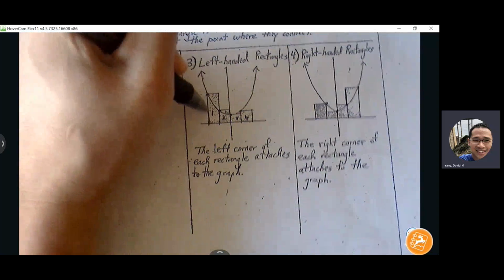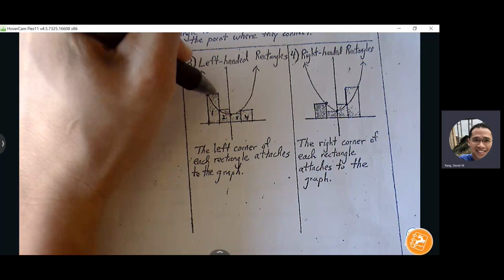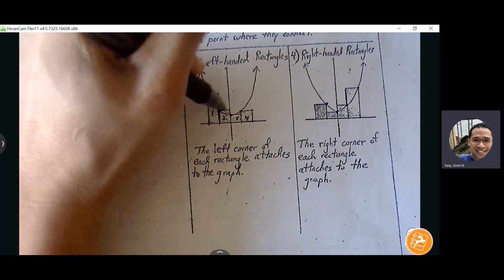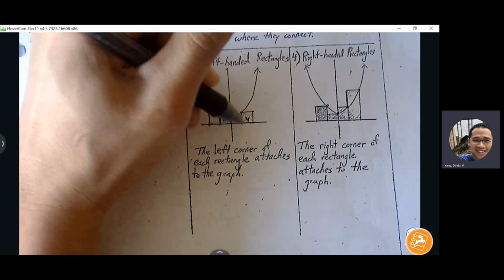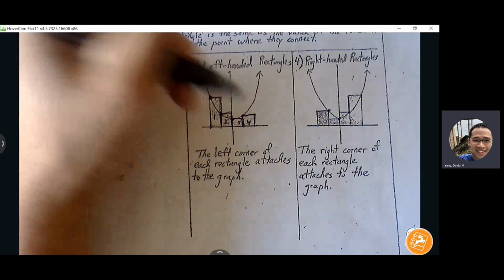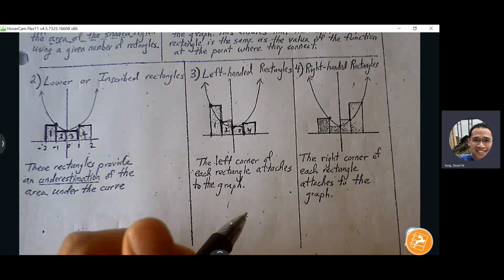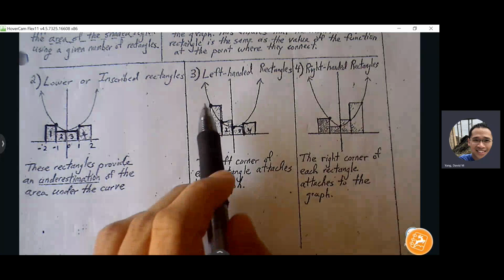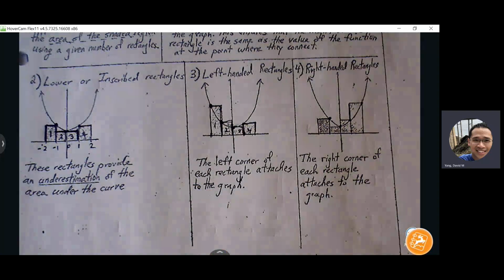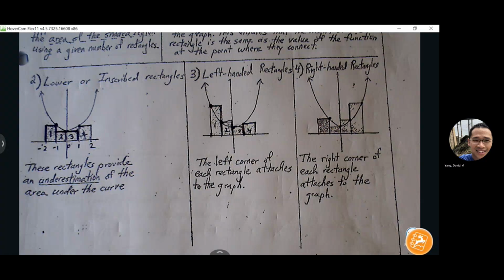So every left corner is going to guide the height of each subinterval. Some are above, some are below, but the focus is not under or over approximation. It just wants you to find the heights from the left side of each subinterval.